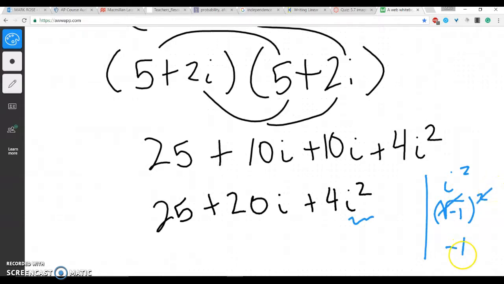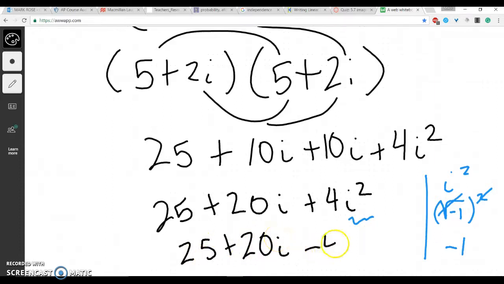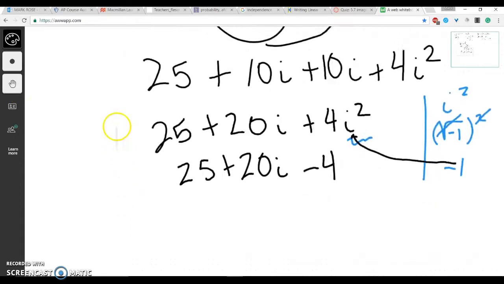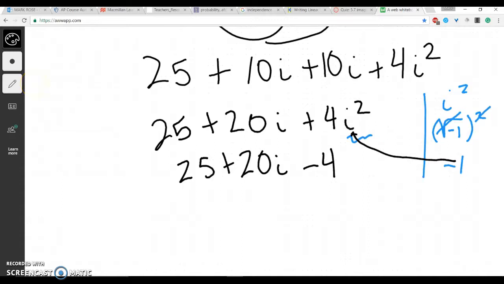So i squared should be negative 1. Well, if i squared is negative 1, that makes it pretty easy, because then I can go 25 plus 20i minus 4. Because negative 1 times 4 gives you negative 4. i squared will just switch the signs of the term that you have. Then we can combine it a little bit further, which means that you'll have 21 plus 20i.